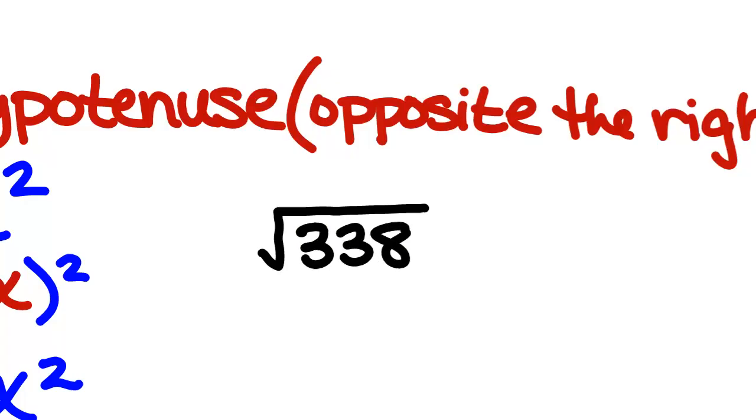Square root of 338. In order to put it into reduced radical form, I have to think of what things will go into 338. And I want it to only be prime numbers, numbers that are only divisible by 1 and itself. So numbers like 2, 3, 5, 7, but not 4, because 4 is not just 1 times 4.